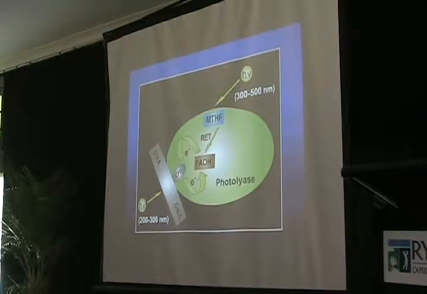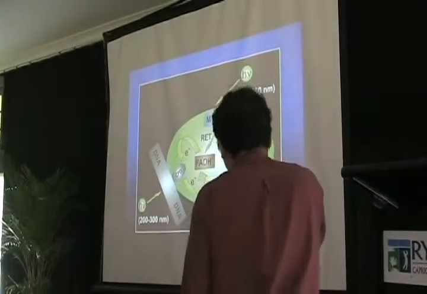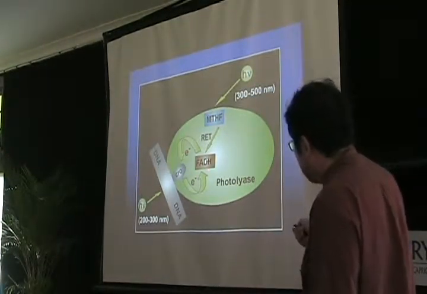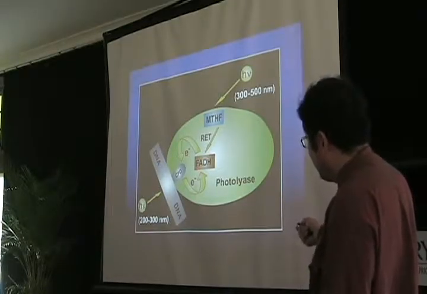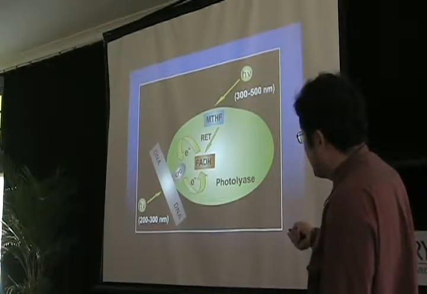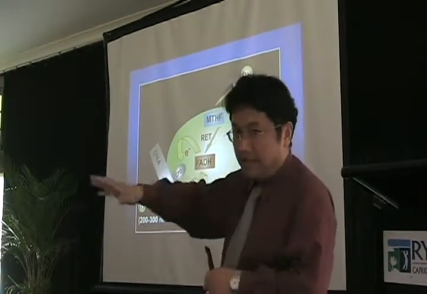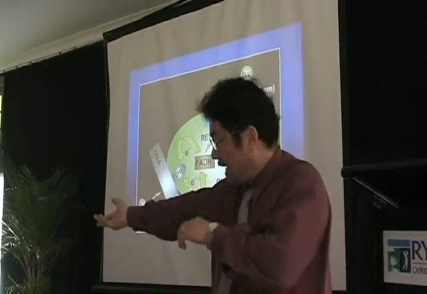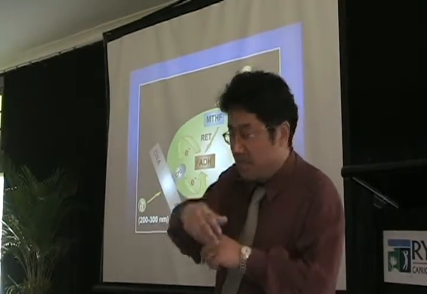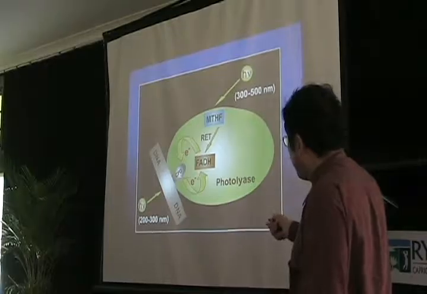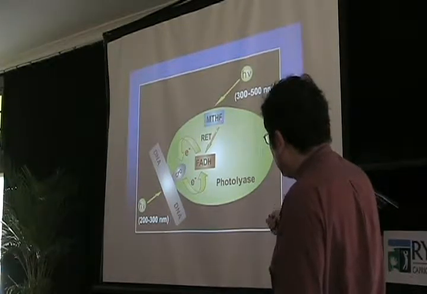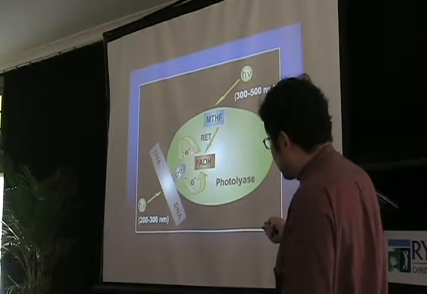So I drew a cartoon here. This is the full-length molecule with the photo antenna. This is the key cofactor, and this is the damaged DNA. So the dimer needs to flip out. This has already been proved by X-ray and by many biochemistry studies. So the dimer needs to flip out of the DNA and insert into this hole. Here there is energy transfer, and here there is electron transfer.